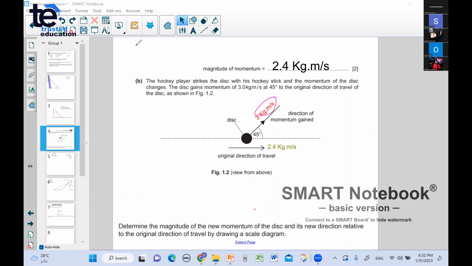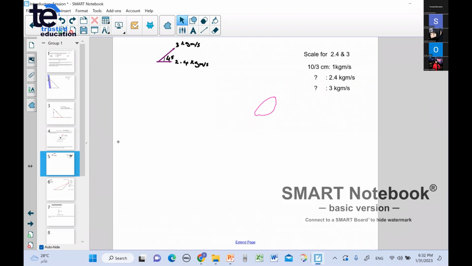Now have a look at this. You can see here that I have two vectors and they are not connected tip to tail like the one before. So the easier method here is to complete the parallelogram and find the diagonal.